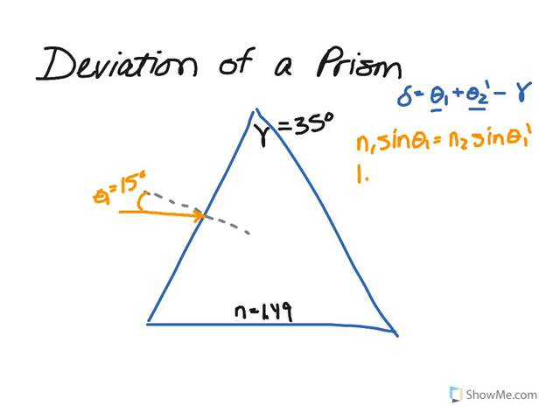So we have 1 times the sine of 15 is equal to 1.49 times the sine of theta 1 prime. And we can solve for theta 1 prime to find it's 10 degrees. So that would be something like this.